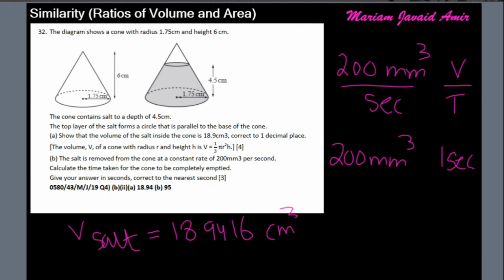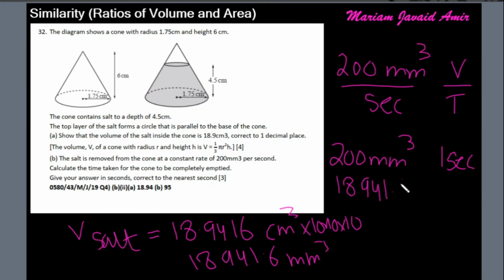For that, centimeter to millimeter is times 10. I'll do that thrice because of cube, times 10 times 10 times 10. So this is giving me 18941.6 millimeter cube in how many seconds?